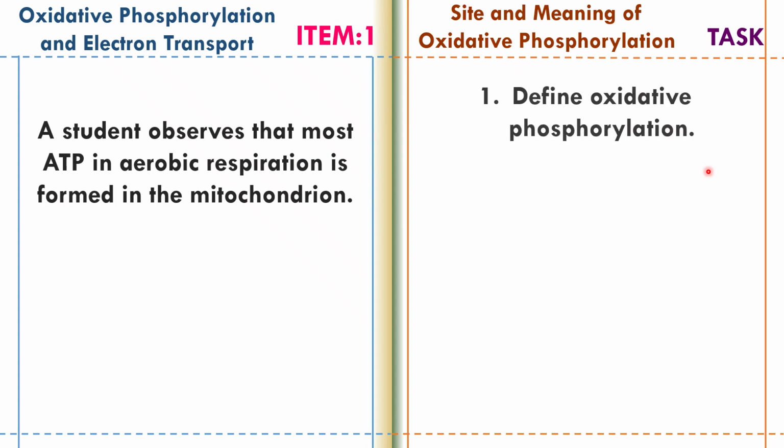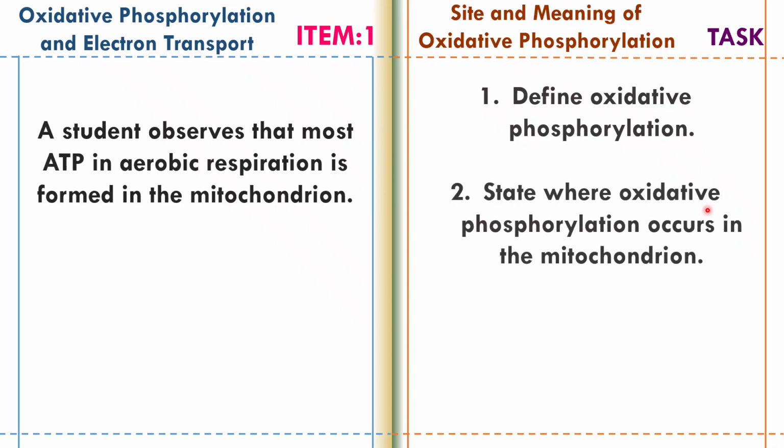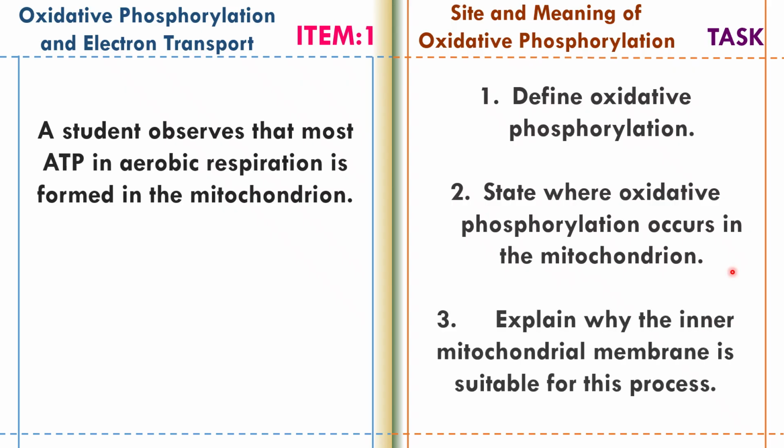Task: 1. Define oxidative phosphorylation. 2. State where oxidative phosphorylation occurs in the mitochondrion. 3. Explain why the inner mitochondrial membrane is suitable for this process.